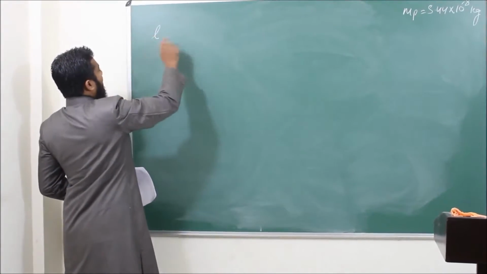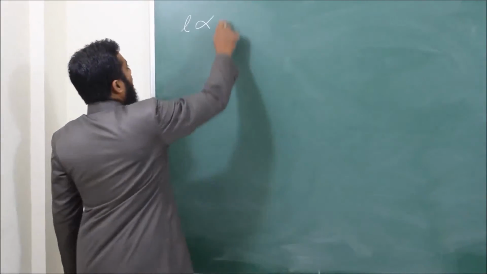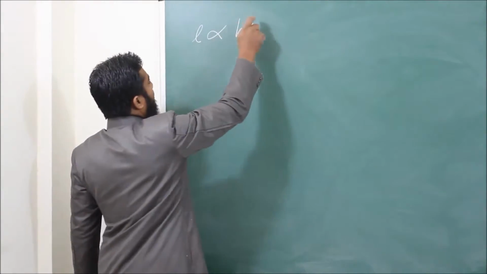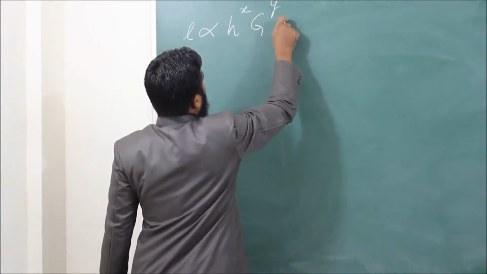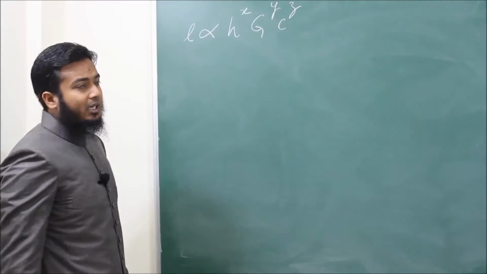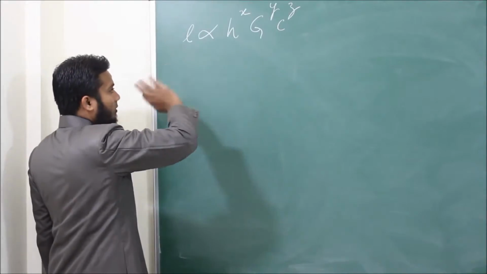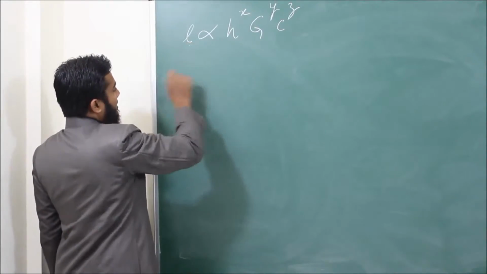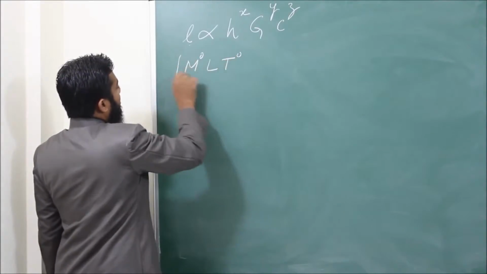So I would again say that L is directly proportional to H to the power some, now say X, and G to the power some Y, and C to the power some Z. Then the dimensional consistency tells us that dimension on both sides should be equal. It has just L, so I can write M0, L and T0.